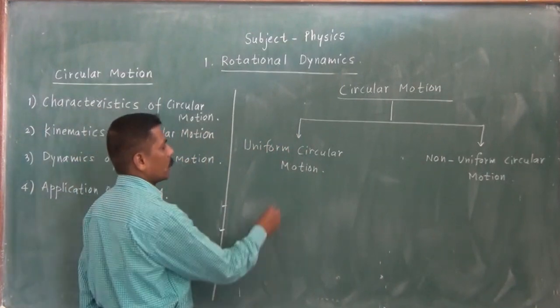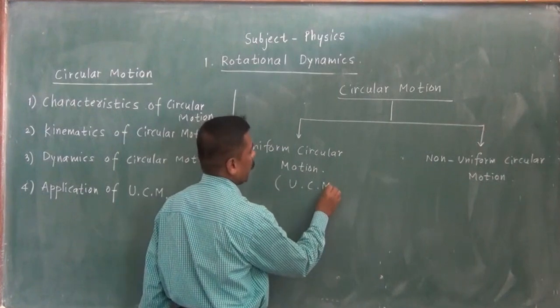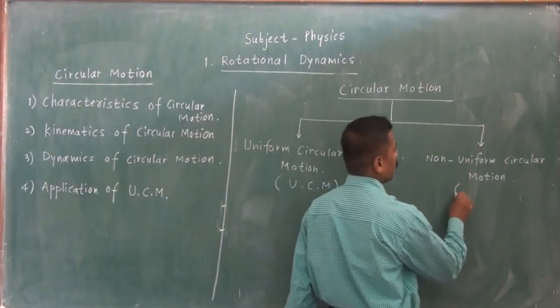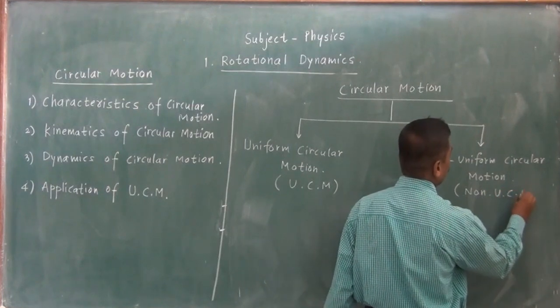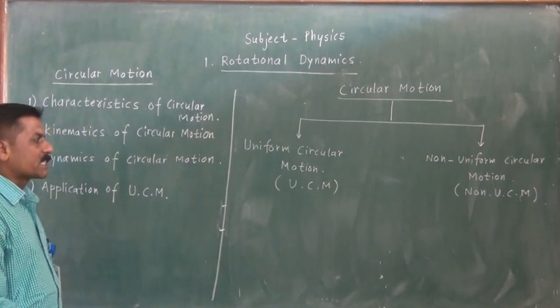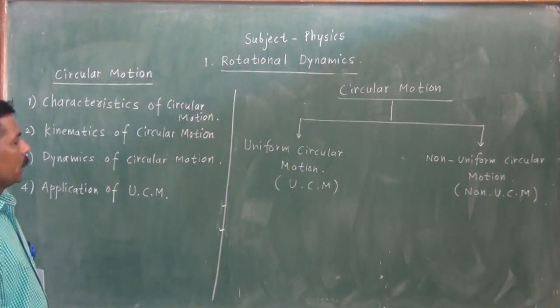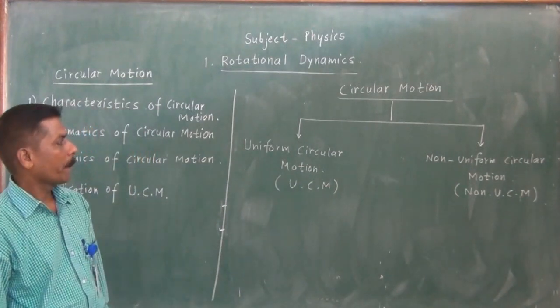In short, it is written like this, UCM, and this is written like this, non-UCM. Now here we will explain only these two types and we will stop.